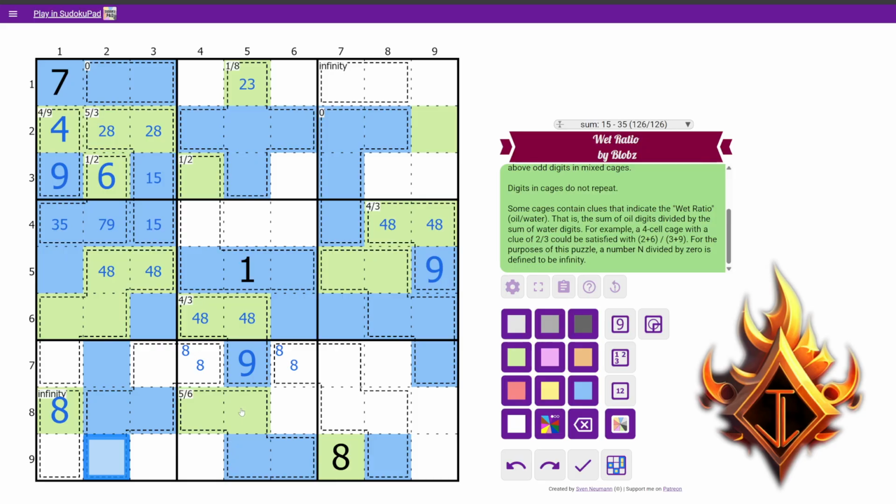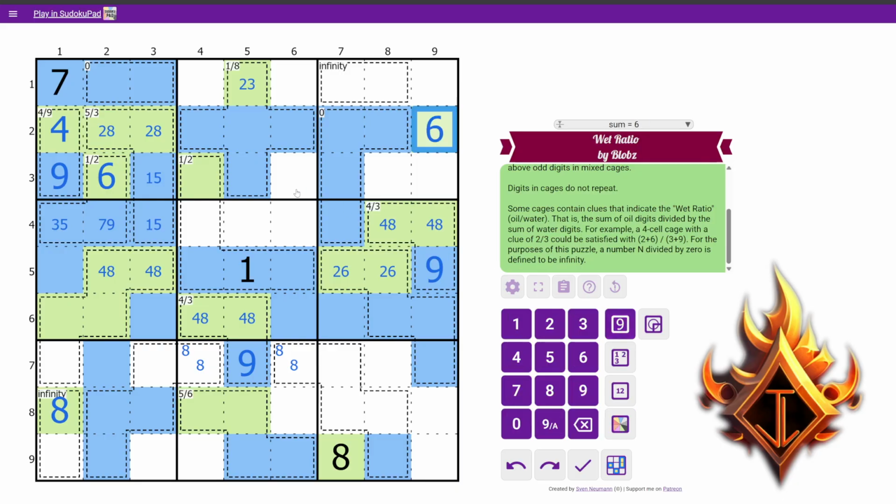Okay. This is going to be 2, 6. I don't have a total on this cage though, so no help with that. This is going to be a 6.